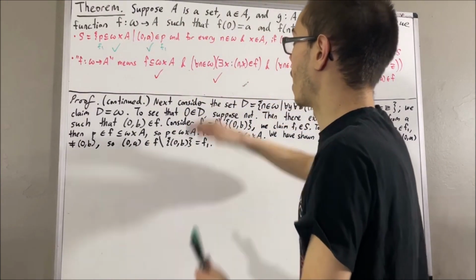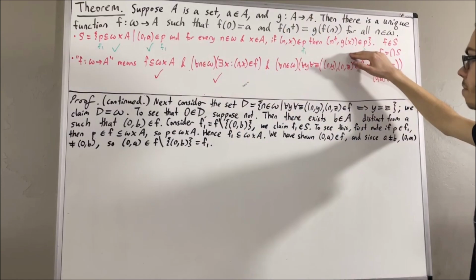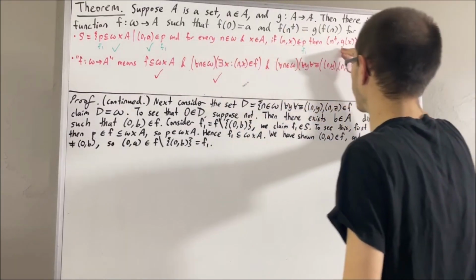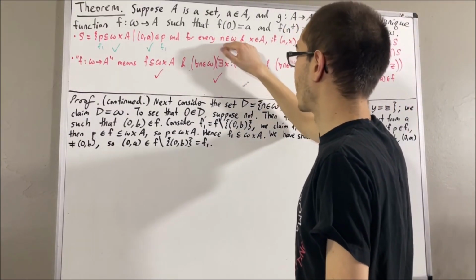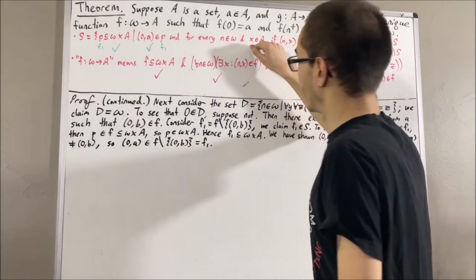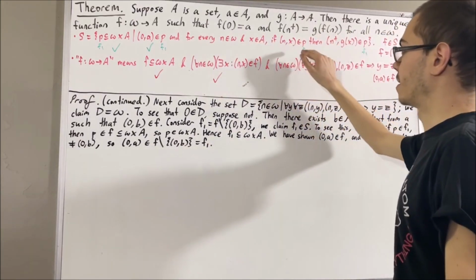So now we want to show F1 satisfies the last condition. To prove the last condition, let's give ourselves an arbitrary natural number n and arbitrary element x in A, and we'll suppose (n, x) is an element of F1.